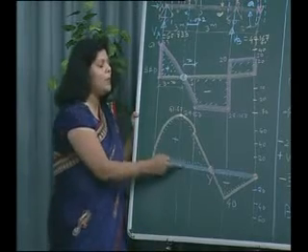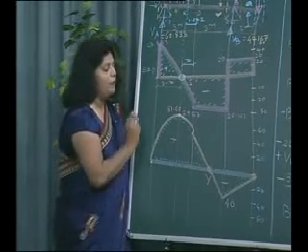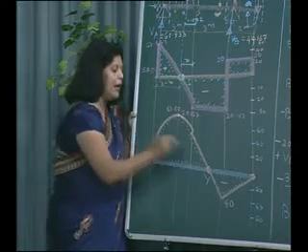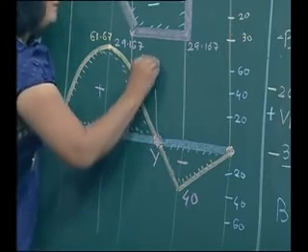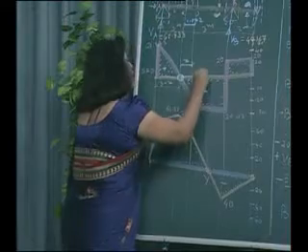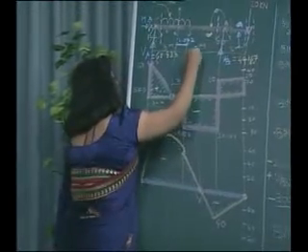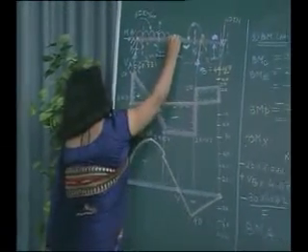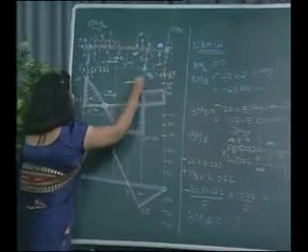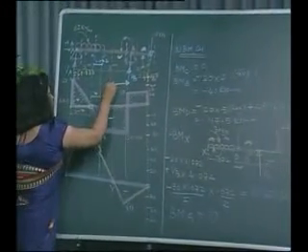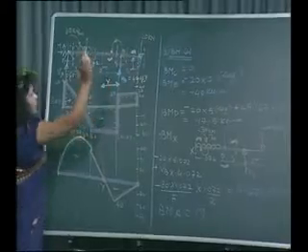Now to locate this particular point of contraflexure, we have to assume that it is lying at a distance, or we can transfer this point in our load diagram. So we are transferring this point in our load diagram, and I will assume that this distance from support B is Y. Okay.